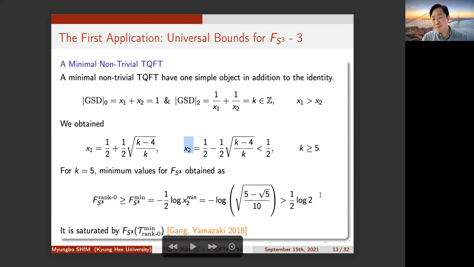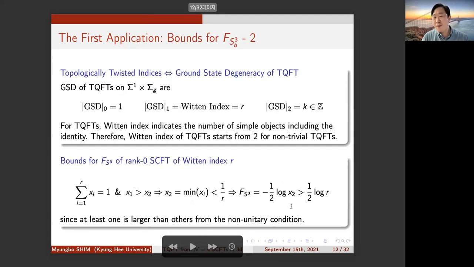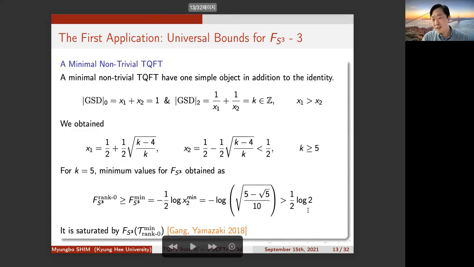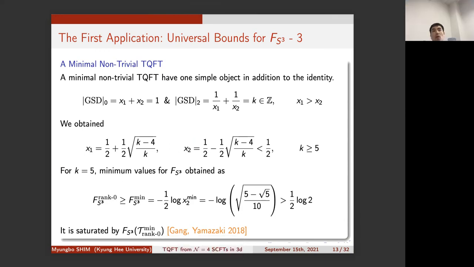This satisfies our primitive lower bound with R equals 2. And interestingly, this is saturated by the theory found by Gang-Yamazaki. So we will call this theory the minimal rank-0 theory.